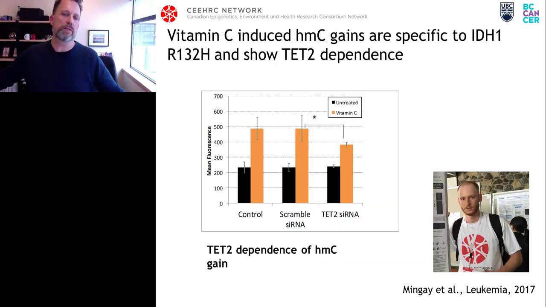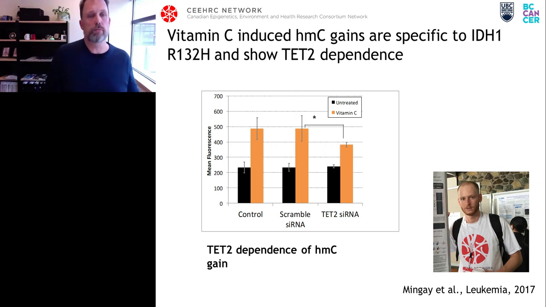We then went on to show whether this gain of hydroxymethylation was in fact dependent upon TET, and we did that using a TET2 siRNA. And this is work that was published last summer in Leukemia. On the lower right-hand panel, this is a student in my lab, Matthew Minge, who did the majority of this work.